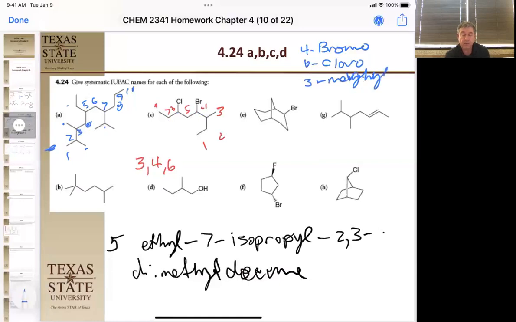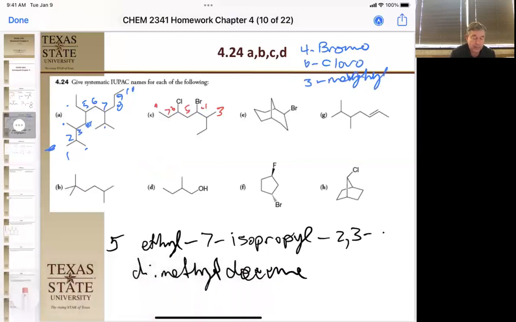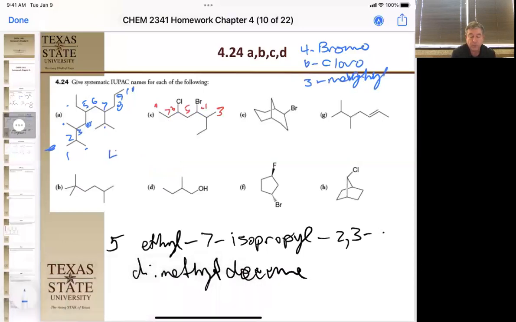And we have octane. Okay, so putting it all together, bromo comes before chloro, so we have 4-bromo, 6-chloro, 3-methyl, octane.